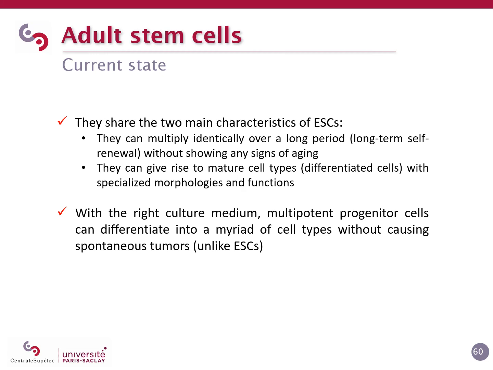They can give rise to mature cell types, differentiated cells, with specialized morphologies and functions. With the right culture medium, multipotent progenitor cells can differentiate into a myriad of cell types without causing spontaneous tumors, unlike embryonic stem cells.